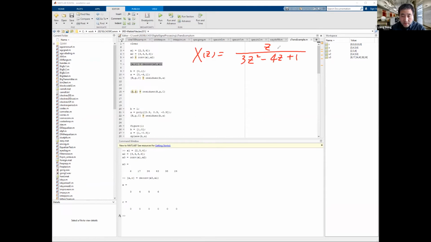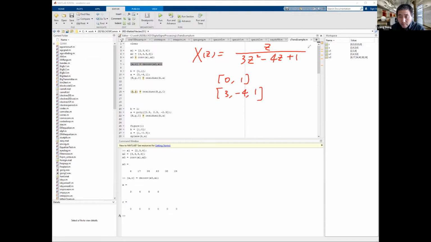So if you look at this format, the polynomial of the numerator, in this case, the coefficients are 0 and 1. And the polynomial of the denominator is 3, -4, and 1.